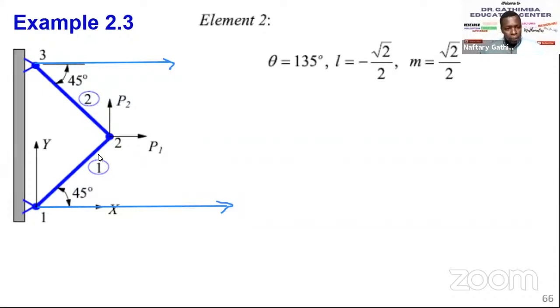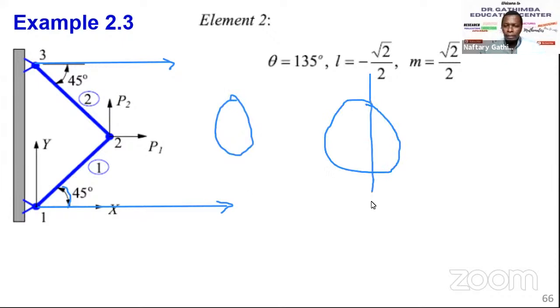So like element 1, and then we consider for our case, remember, when you are measuring the angles, we move counterclockwise. So here in this case, this is angle 45.